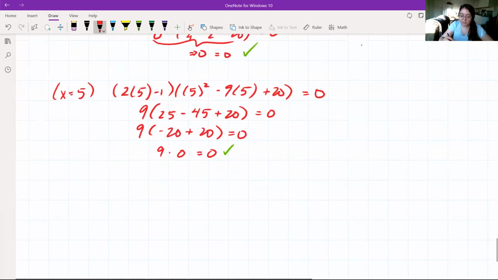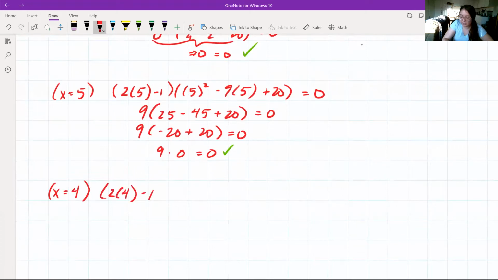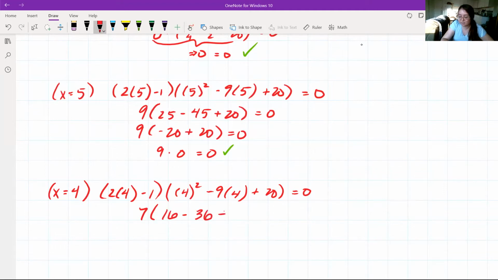And lastly, we want to check x equals 4. So we get 2 times 4 minus 1 times 4 squared minus 9 times 4 plus 20 is equal to 0. 2 times 4 is 8, minus 1 is 7. 4 squared is 16, minus 9 times 4 is 36. Plus 20 is equal to 0.